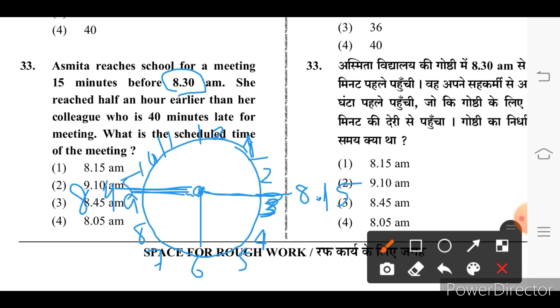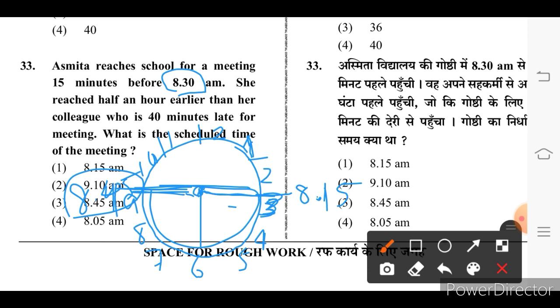Because when we assume this is 8:45, then only it is 30 minutes after 8:15. The difference between these two is 30 minutes.